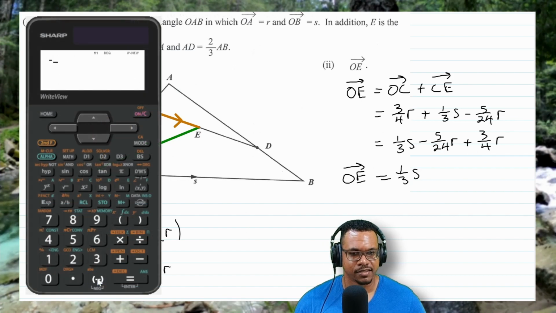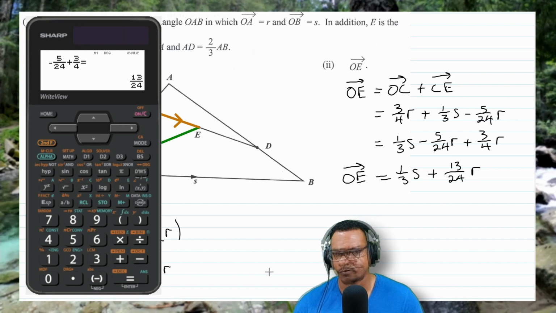I'm just going to put negative 5 over 24, and I'm going to add 3 over 4. And that's 13 over 24. So we get positive 13 over 24 R, and that's my answer for O to E.